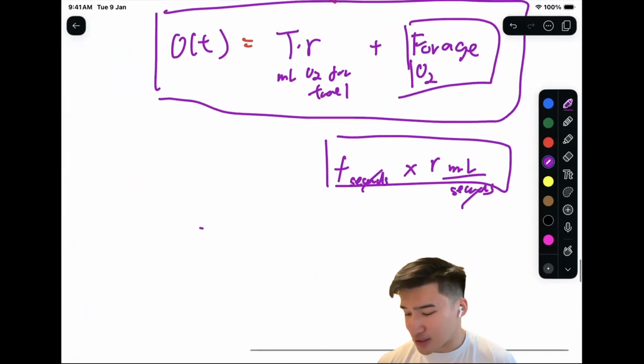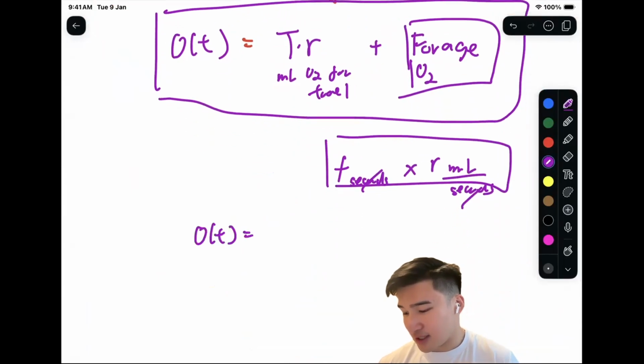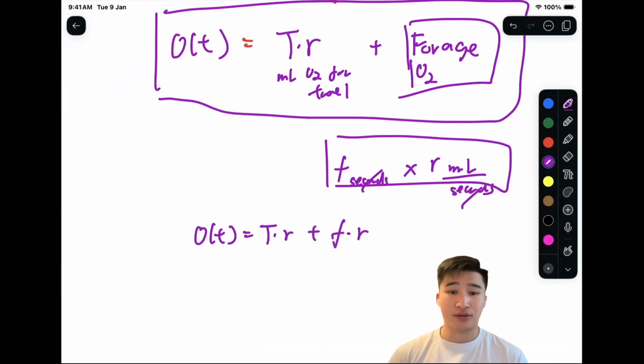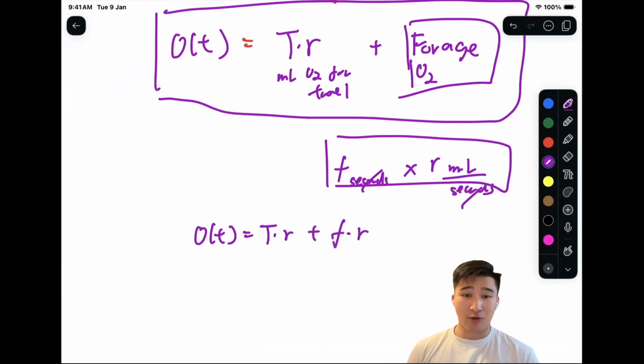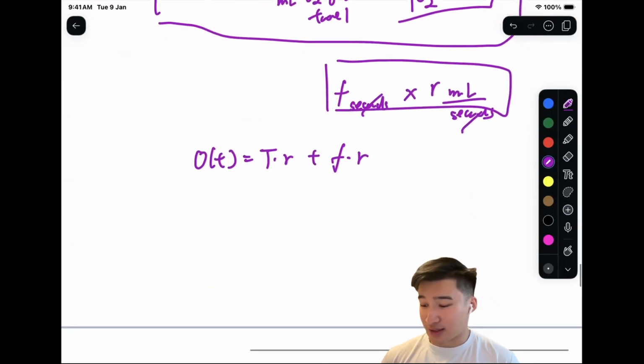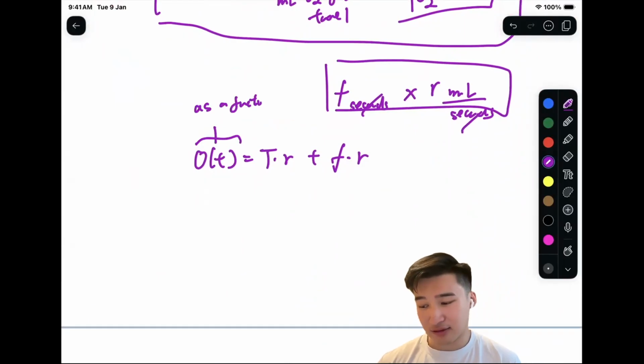So now we have an equation that looks like this: OT equals T times R plus our F times R. Okay? So I hope that makes sense. And so we can see that this function is actually represented as a function of T. So all we gotta do is some manipulation.